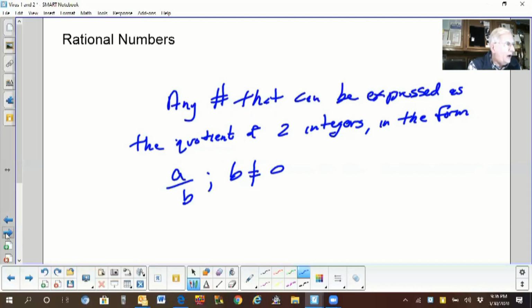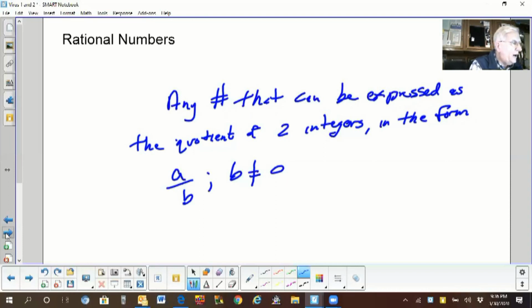Now, as you recall, with rational numbers, the Greeks felt that all numbers could be expressed as the quotient of two integers. And as we have discussed, they found out they were wrong because you cannot write all numbers as the quotient of two integers that we can possibly think of. I'll come back to that in a moment.